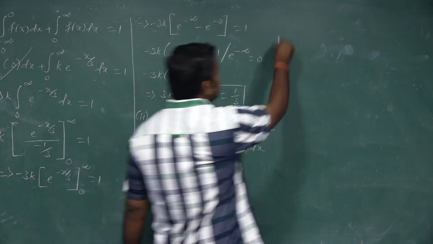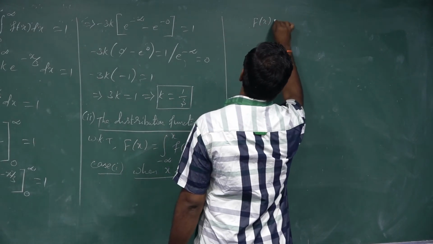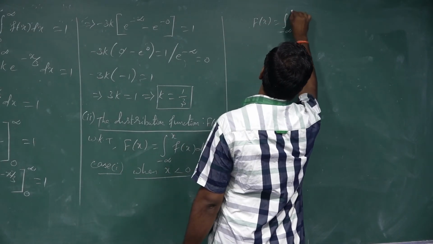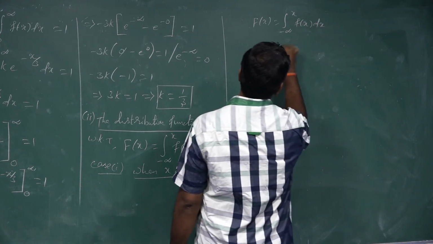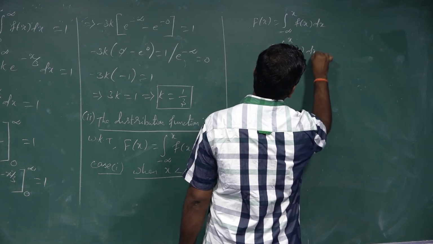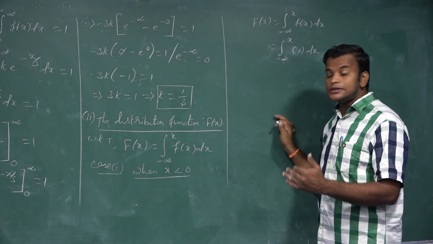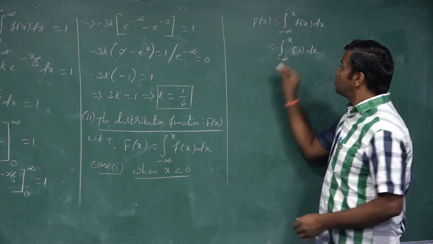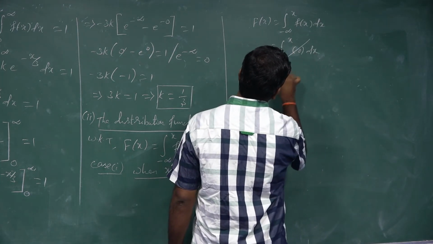So we write the formula: minus infinity to x f of x into dx. Same, minus infinity to x. But in this interval our f of x value is 0 because x is less than 0. So f of x is 0, so the capital F of x value is 0.